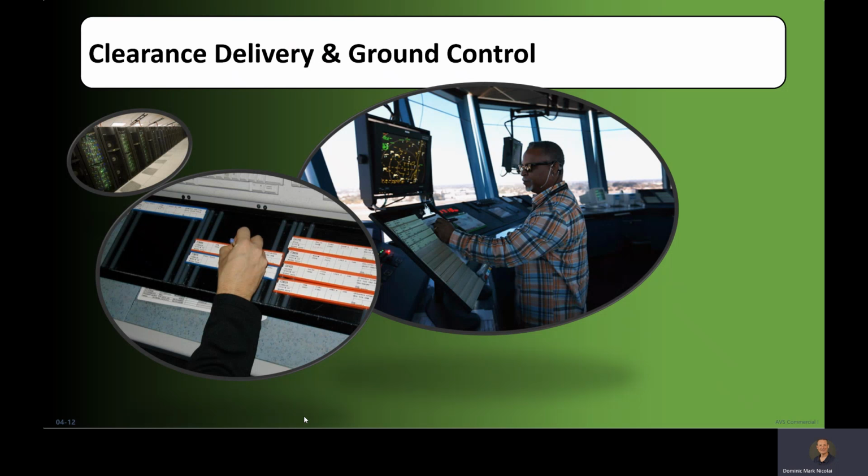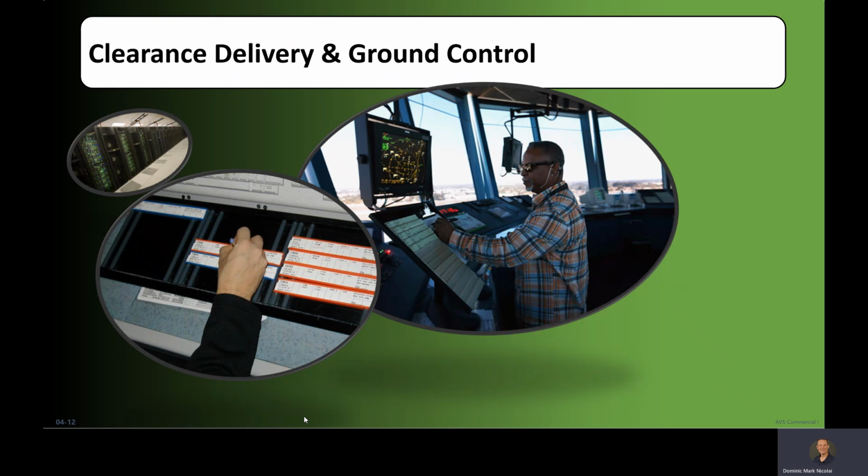Now, ground control is already planning ahead. You are departing in a certain direction, and they're going to route you to a certain runway. They've already determined which taxiways to get you over to that departure runway. You call up your ground controller, they give you the taxi clearance, and you're on your way.